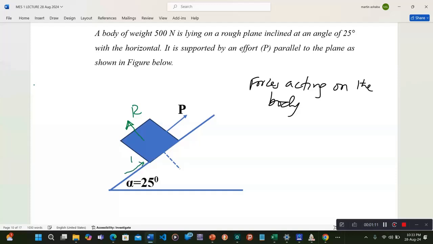We have when the frictional force is in that direction. We have also when the frictional force is in that direction. Then we have W. We have this angle which is the same as 25 degrees. Then we have W cos alpha. Then we also have W sin alpha.